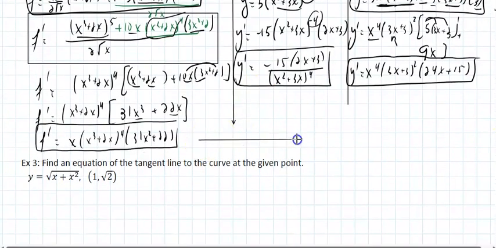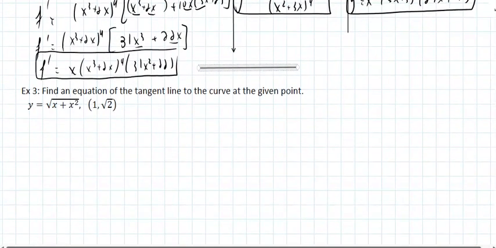If I look at the next problem, and that's something we're going to be doing all throughout, find an equation of a tangent. Well, equation of a tangent, y minus y1 equals m into x minus x1, and what's the derivative?